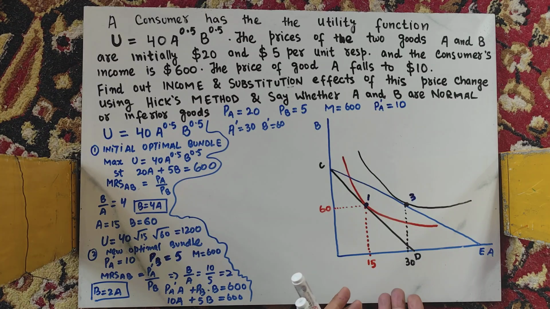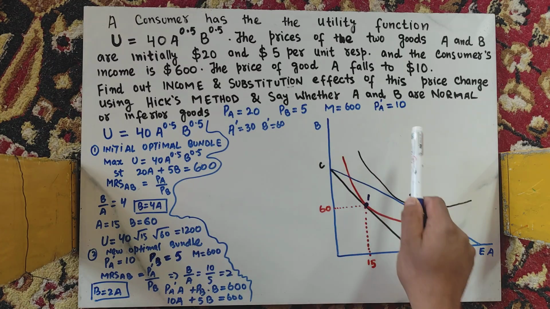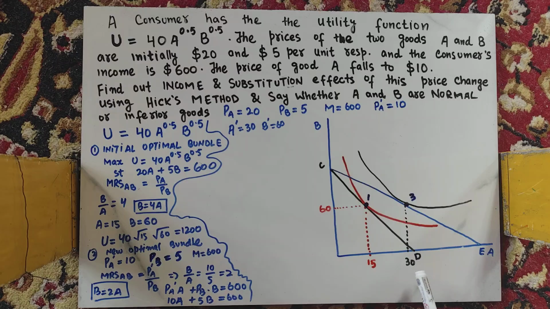This is the price change when the price of good X has fallen from 20 to 10. The consumer is consuming 30 units of good X against the 50 units he was earlier consuming at price 20. So this is our price effect.